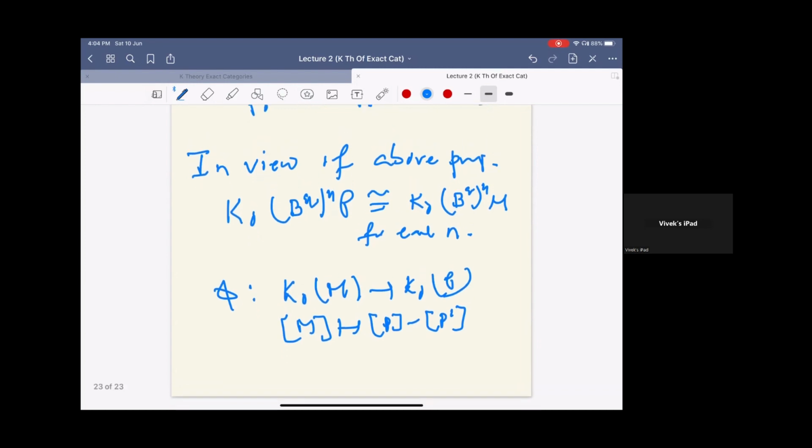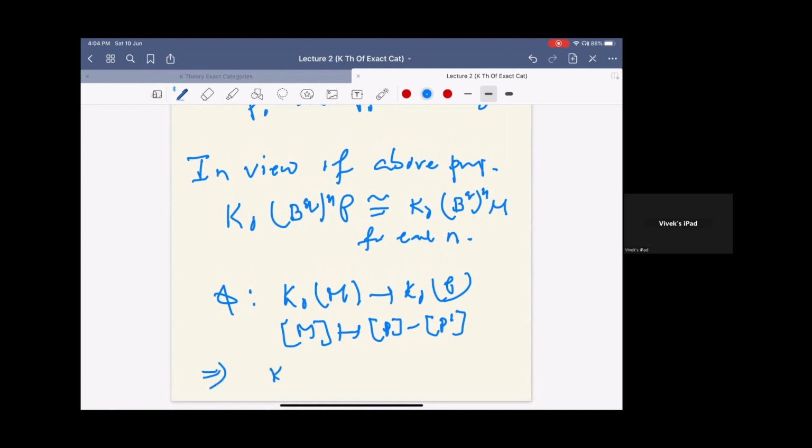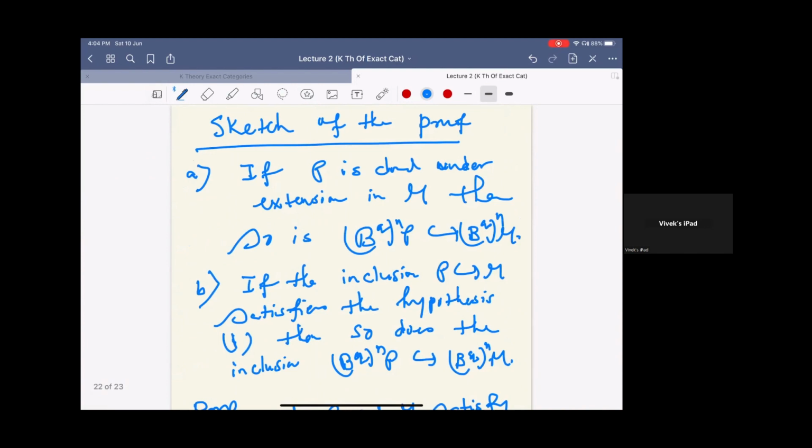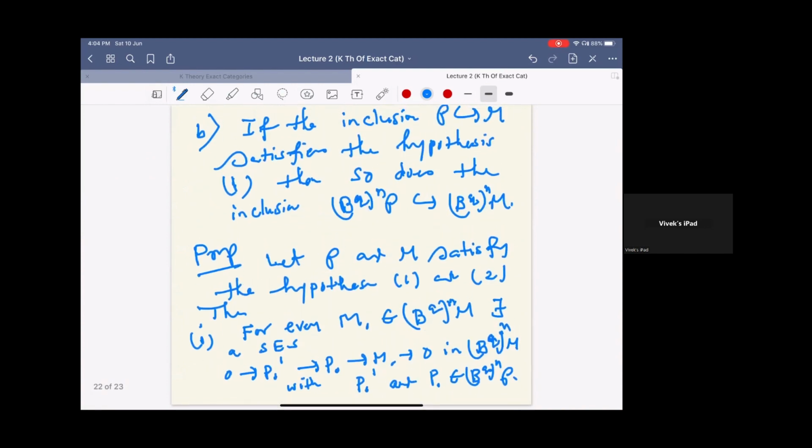So that's why this implies Kn of rho is isomorphic to Kn of M. All right. So it's just a couple of checks, and also formal checking.